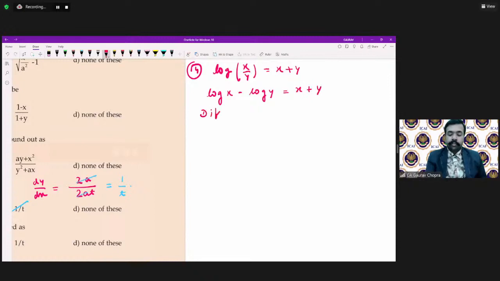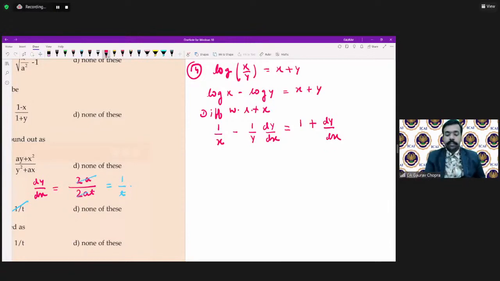Now differentiating with respect to x, the derivative of log x will be 1 upon x, minus the derivative of log y, 1 upon y times dy by dx, is equal to the derivative of x which is 1, and for y it is dy by dx.